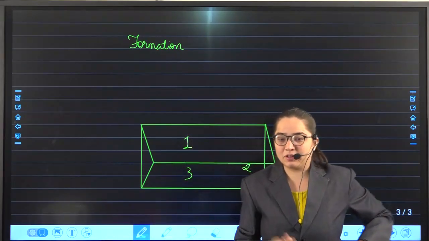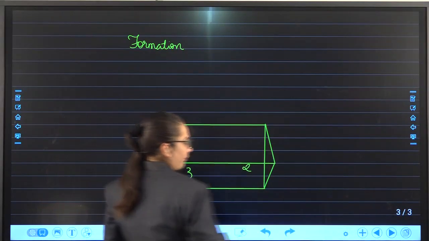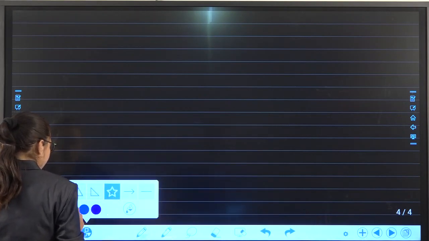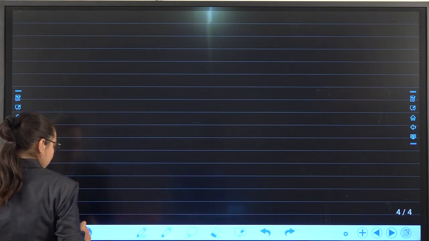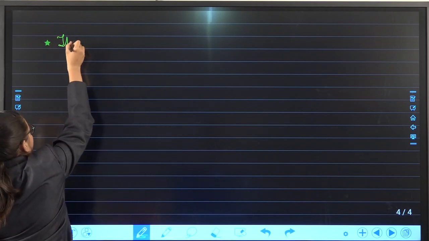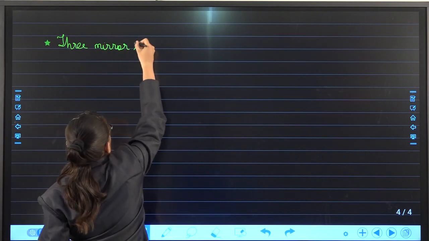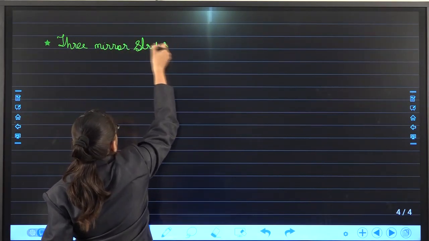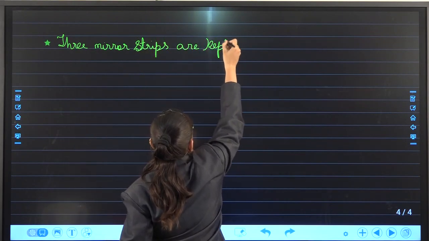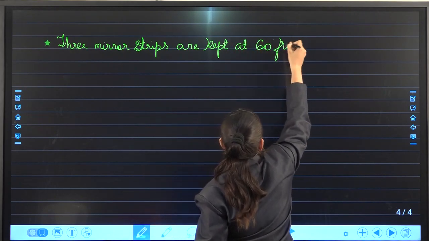So here we are keeping 3 mirror strips at 60 degrees to each other. So the very first point, three mirror strips are kept at 60 degrees from each other.